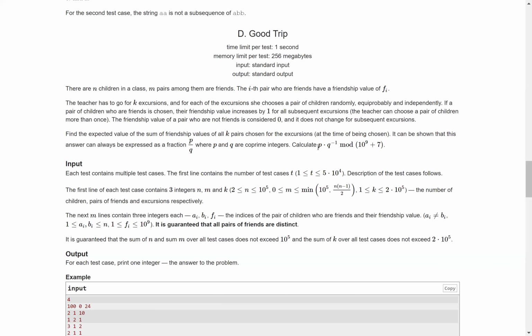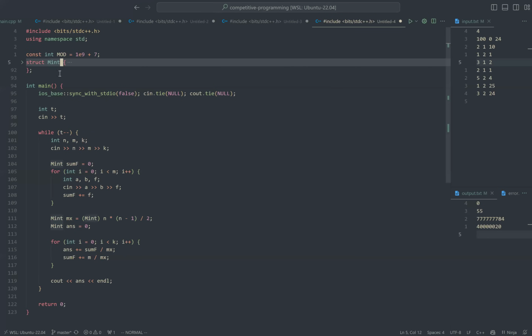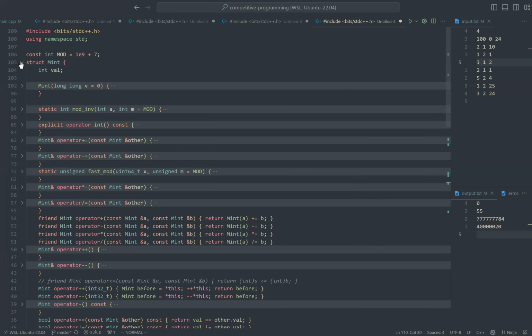It will automatically take care of converting this expression into this expression. I'm not covering how it does it; it just does. You can just copy paste from a grandmaster's code and use it.